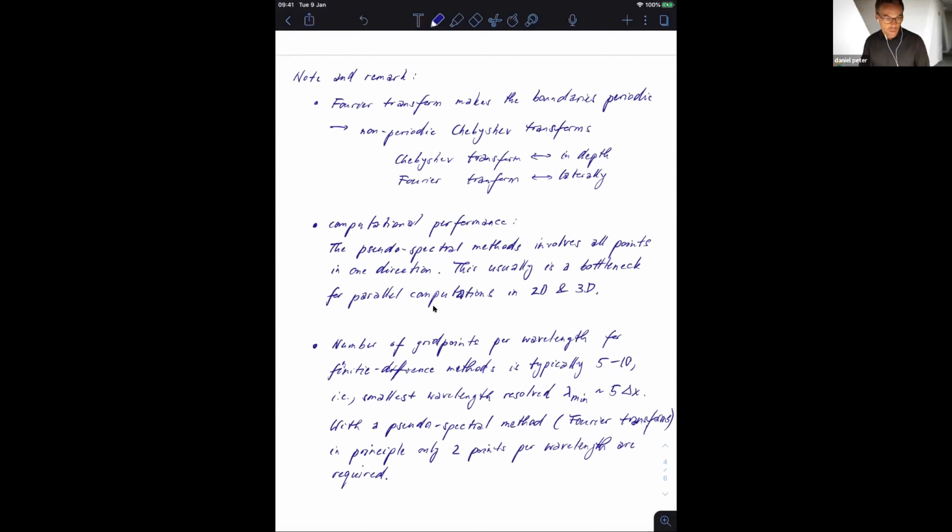But we will code up this little example with the wave equation using the pseudo-spectral method. And so we can discuss that next Thursday, look into that new homework, and then you can work on it for the other week.